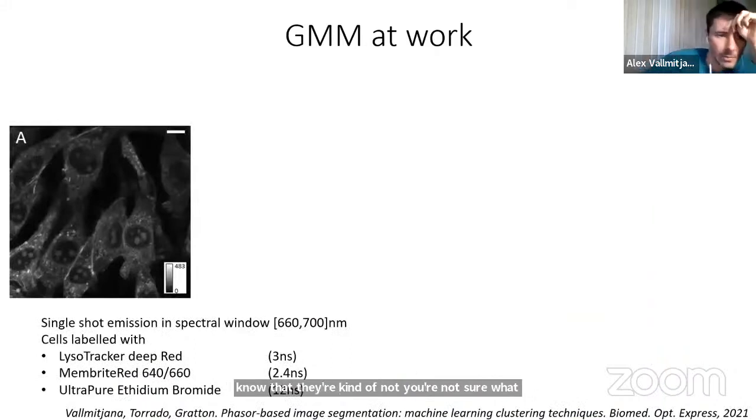Let me show you some other examples. Again, this is a single spectral band, so just emitting in the red between 660 and 700. 3 dyes, all emitting in that region of the spectrum, but with 3 different lifetimes.